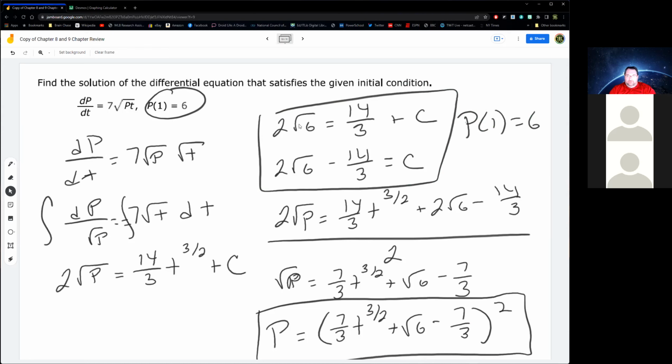So p is 6, and 1 to the 3/2 power is still 1, where p equals 6 and t equals 1.